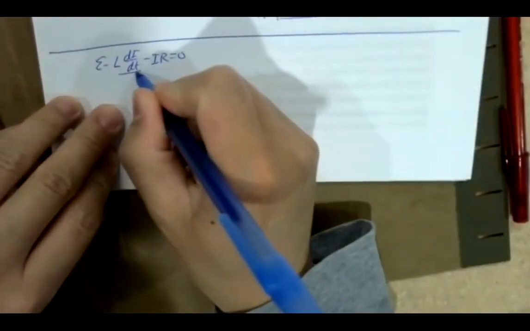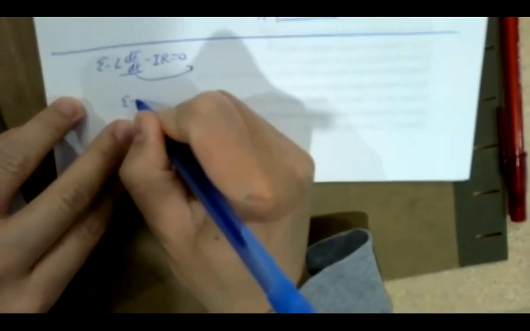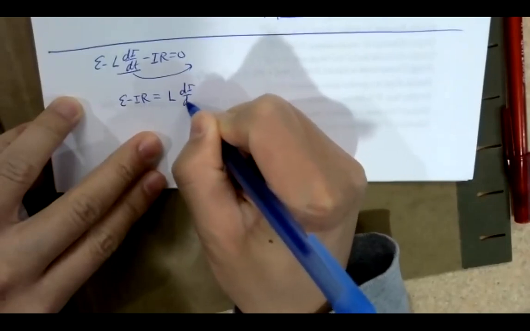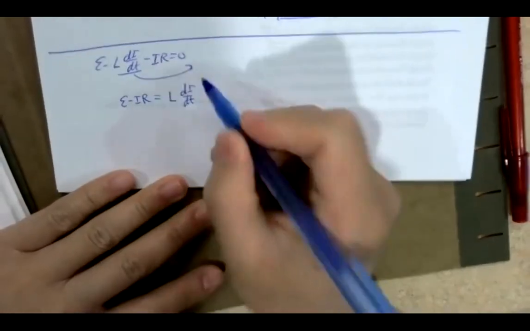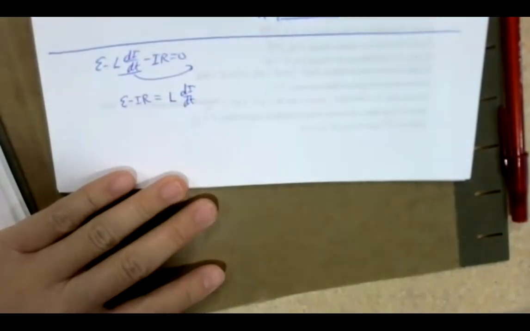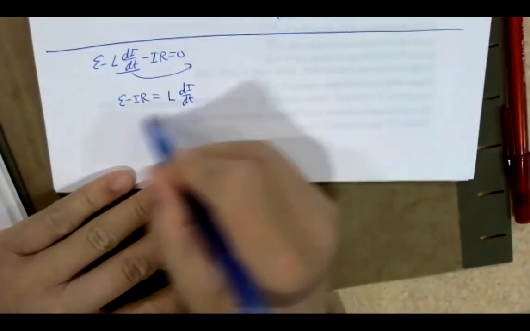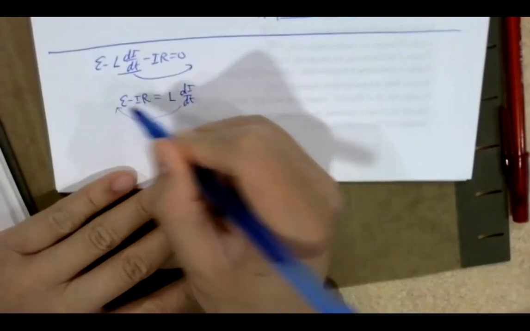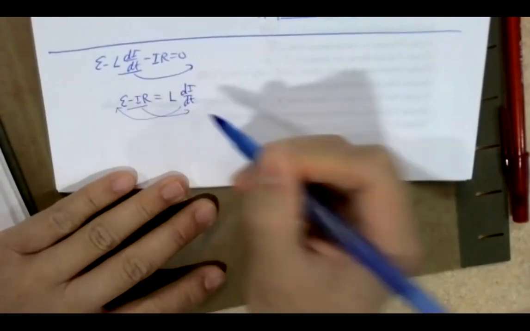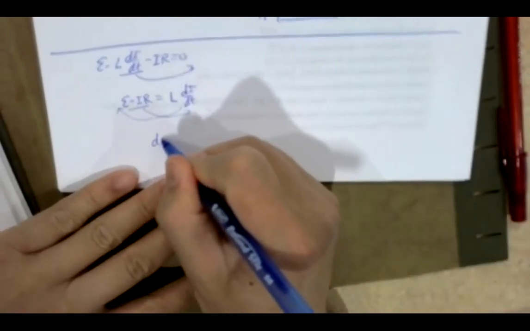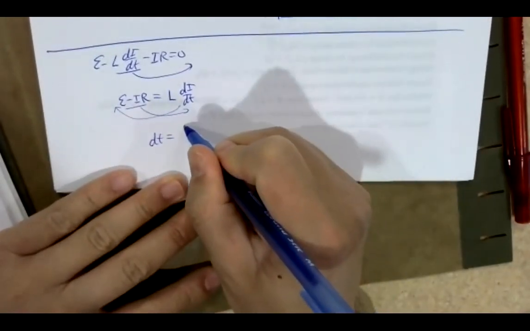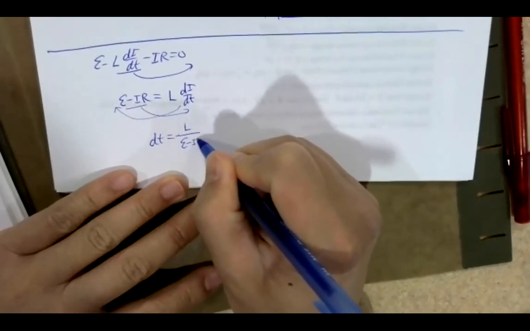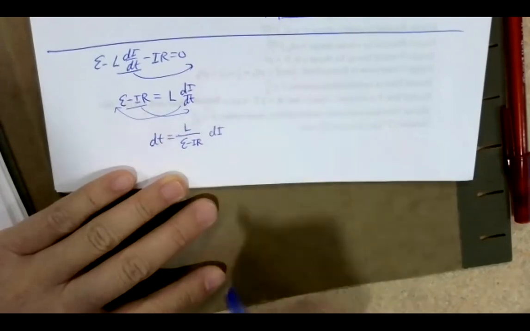You can move this term to the other side of the equation, so epsilon minus IR equals L di/dt. Next, move dt to one side and this term to the other, so dt equals L over (epsilon minus IR) times di.